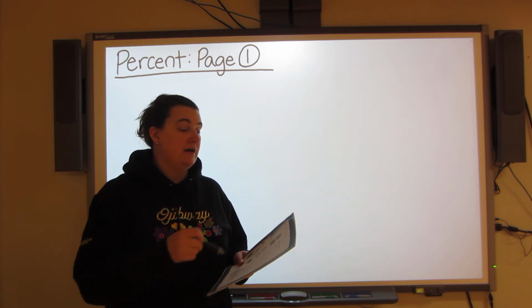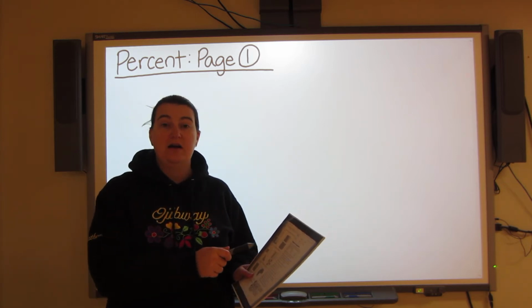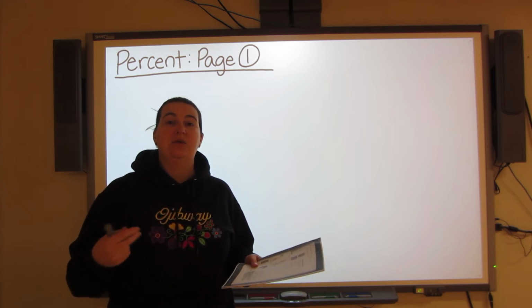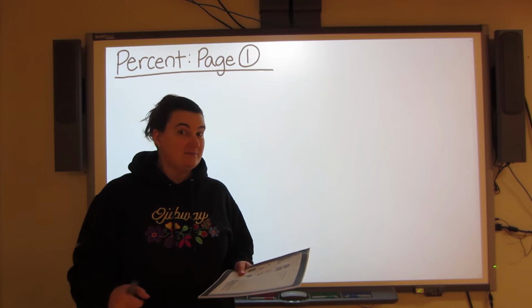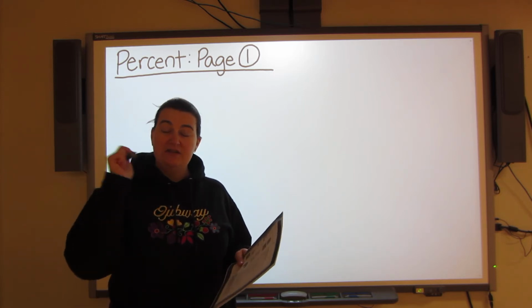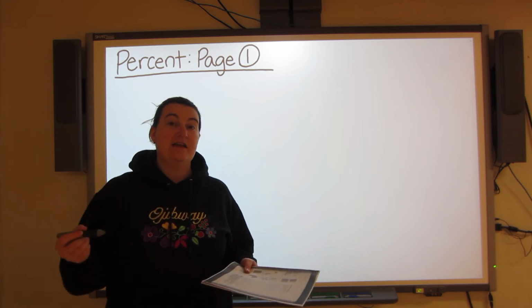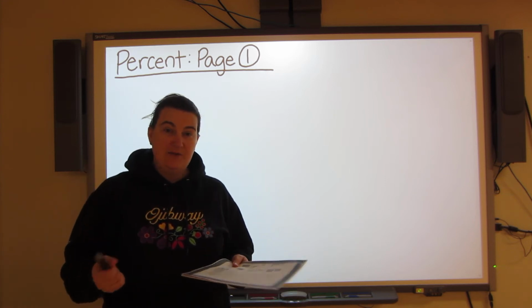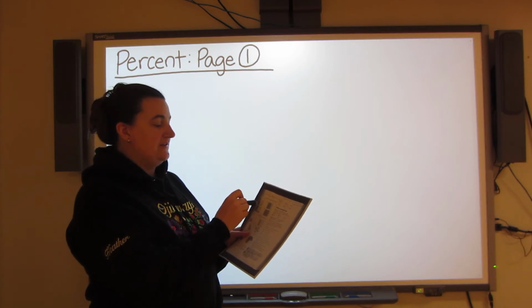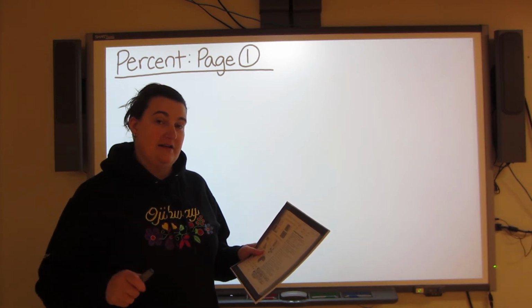If you look at questions 1 to 4, those figures, those squares, are split into 100. So you already know that if it's out of 100, all you have to do is figure out how much is colored in. In number 1, you can see that there are 2 rows and a half that are all colored in.